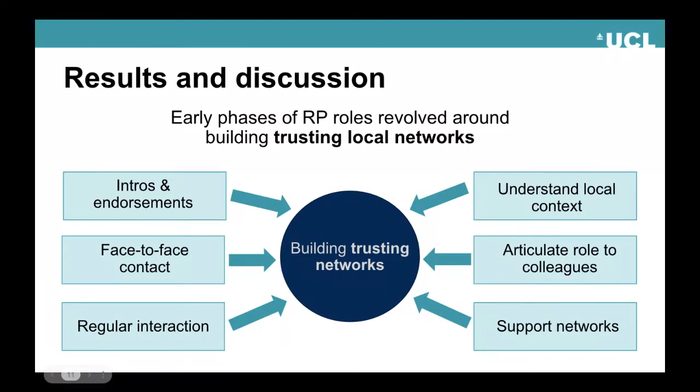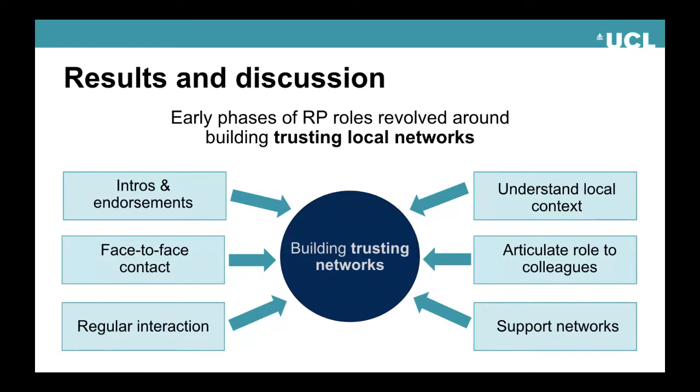Another important process was having regular interaction, both formal and informal, with colleagues, so that embedded researchers can become an established member of the team and build professional trust, as well as really get to know their colleagues on a personal level and build that personal trust. It was also essential that the embedded researchers gained an understanding of the local context and demonstrated this understanding to colleagues.